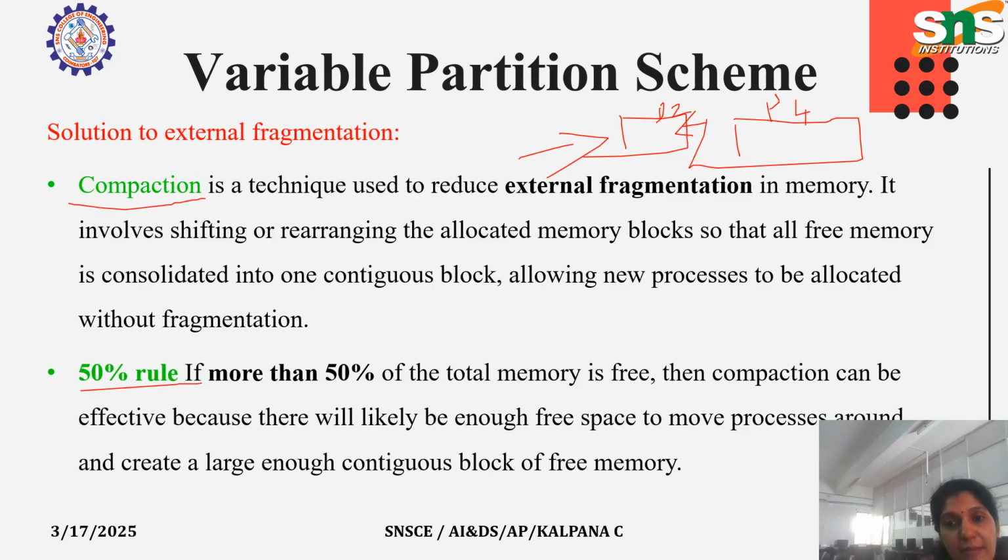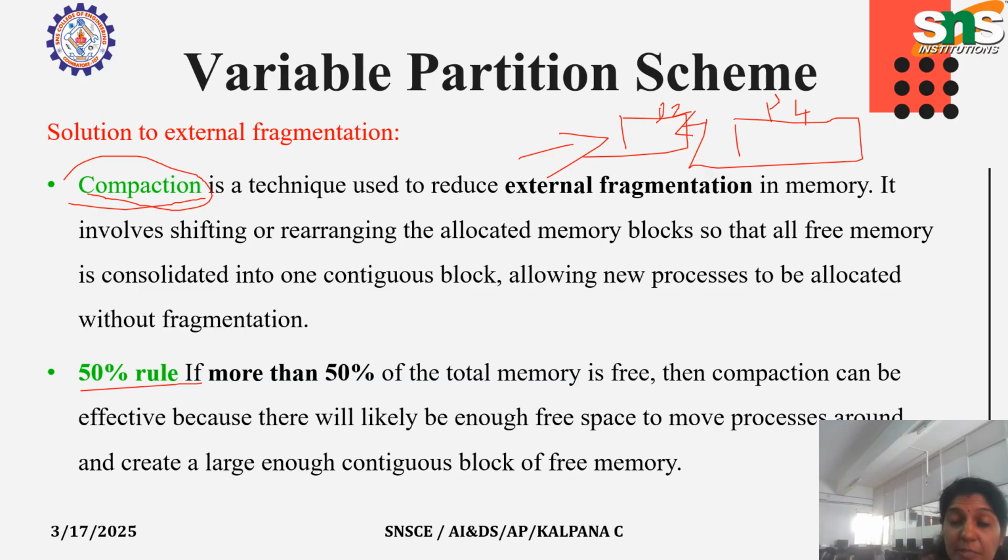So like this, then and there, holes will be created. Using this compaction technique, you are going to combine the free spaces into a new large space in order to accommodate the new upcoming process. So that is your compaction.